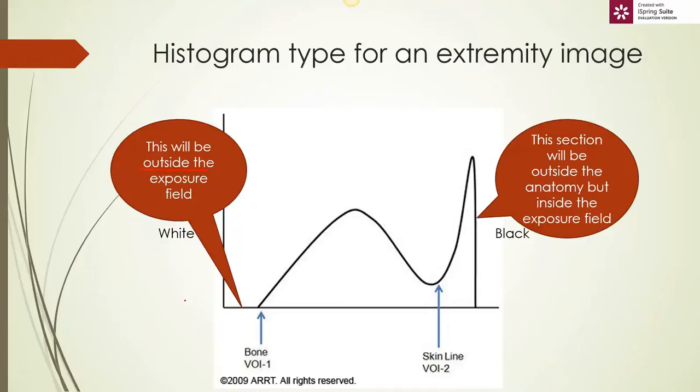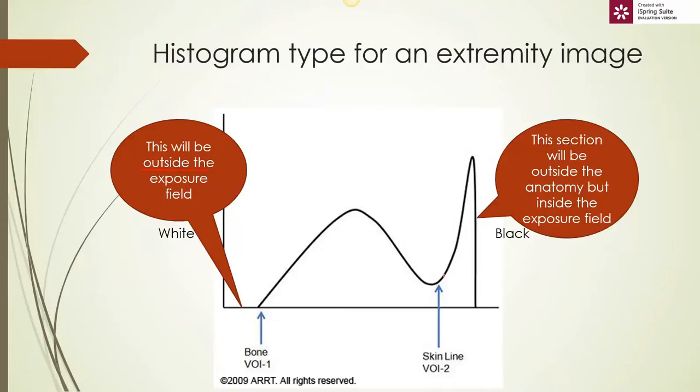In other words, this is the place where we've collimated. We don't want to add that in. In fact, I was just telling you why you didn't want to add that in. On the other side here, this is actually going to be inside the exposed field, but it's outside the anatomy. We're expecting this when you're talking about extremities, because we don't collimate right to the skin as a general rule.